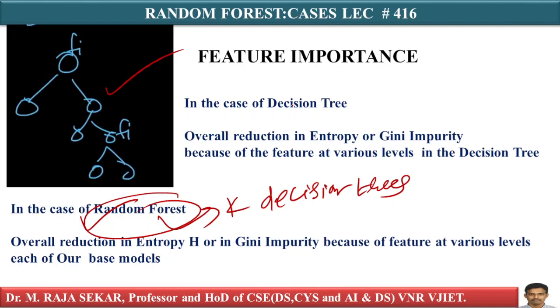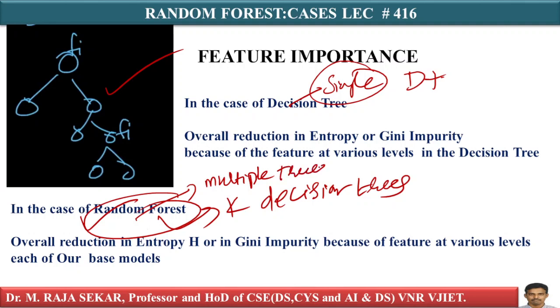Here in random forest we are looking at multiple trees, the overall reduction because of feature fi at various levels in each of the base models, m1, m2, so on, say mk.